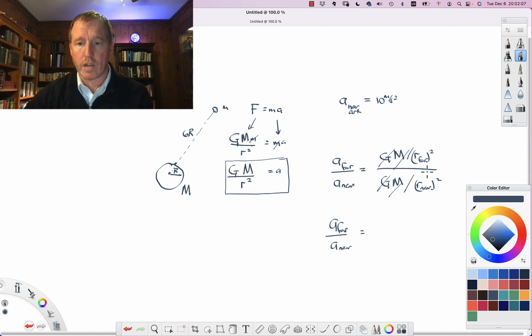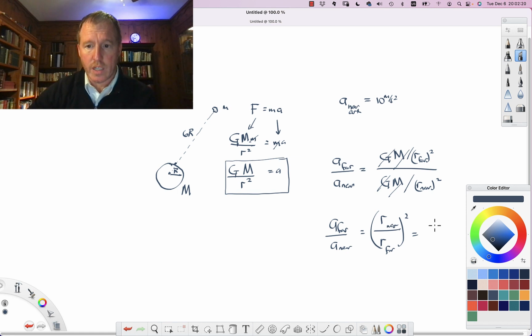By rearranging this, I have this in the denominator. The distance when it's far and the distance when it's near, both of those are squared, so I can square this whole thing. When it's near compared to when it's far, this is a 1:6 ratio.